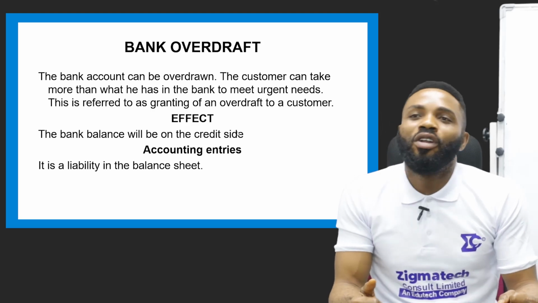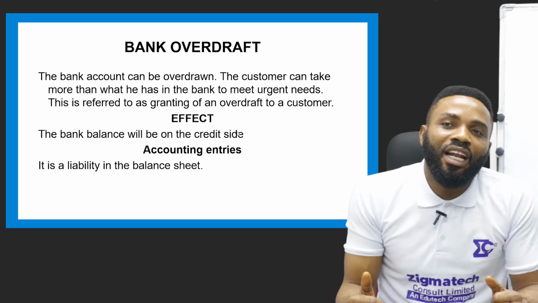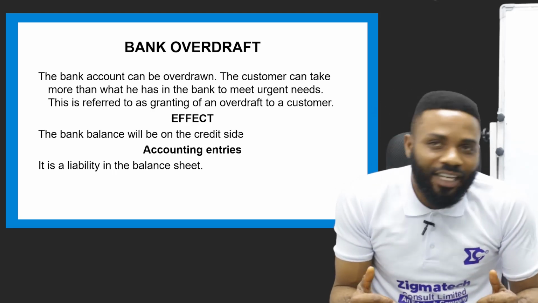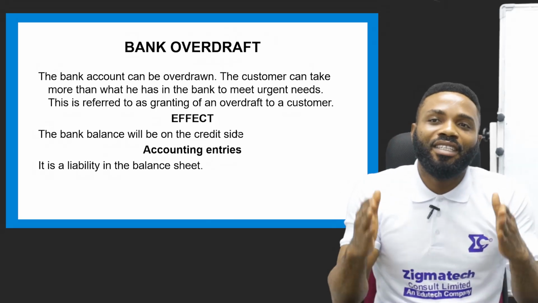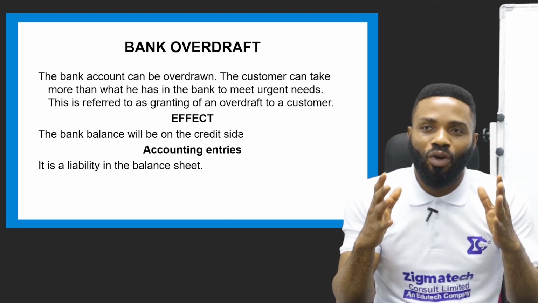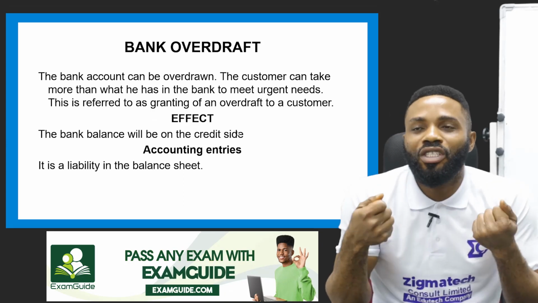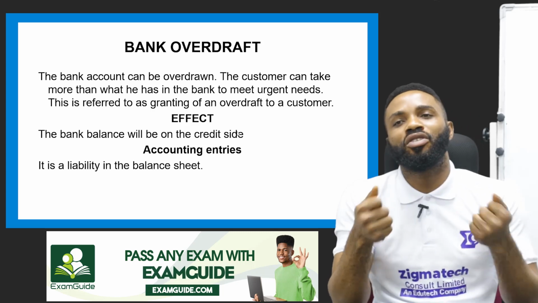Students are fond of saying, there is no point bothering yourself to be putting plenty money now. If I have 10,000, I need 20,000, I can just go to the bank and say I need overdraft. No, that's not what we are saying. We are actually saying that grant is only given to businessmen and women, and it has to be urgent with some objective evidence. The bank will want to see how urgent it is, and you must be credit worthy for them to grant you this.